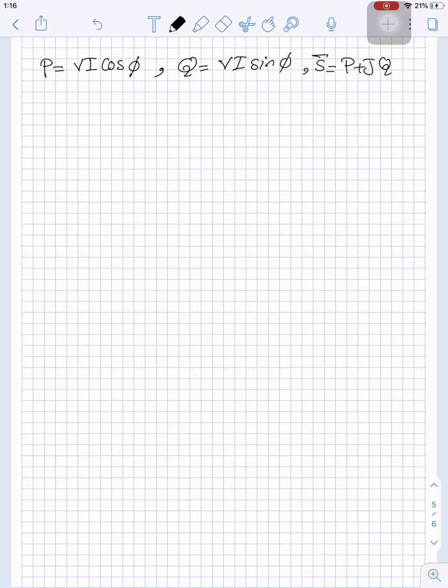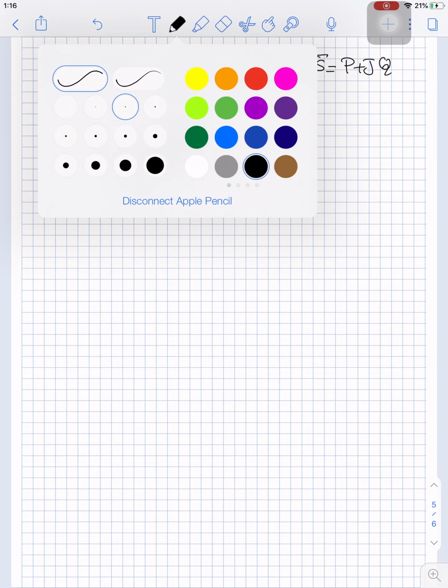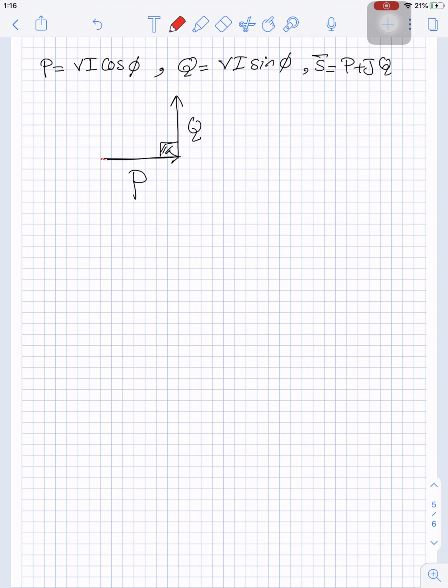Now we can represent this in phasors. So we have P on the x-axis, and we are adding Q at 90 degrees, and the total vector here is S vector, and we call this the power triangle.